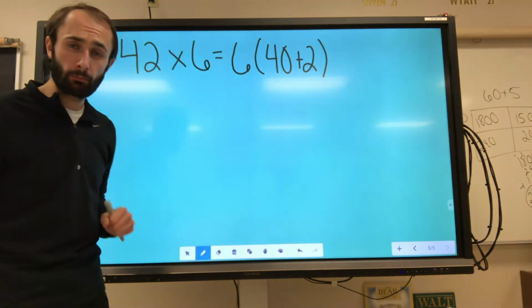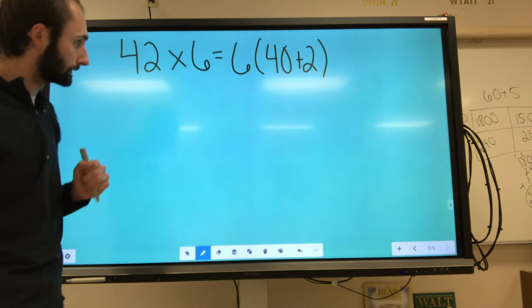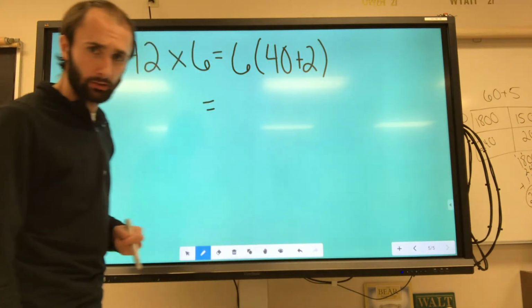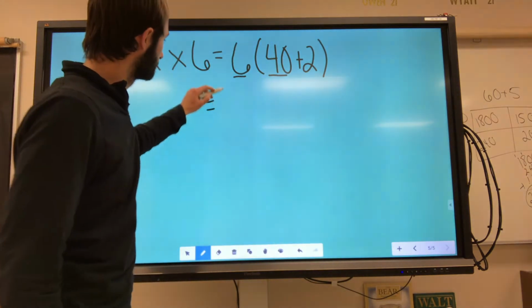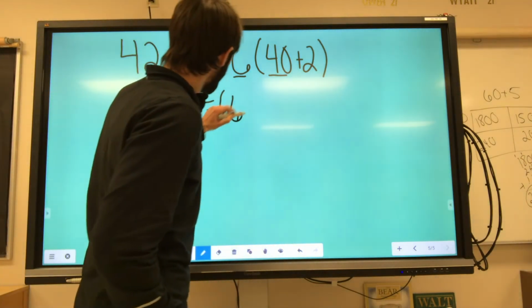Yes, this might look familiar to the box method, and this is very similar to that. Yes, you are right, my young philosophers, mathematicians. Now we have to multiply 6 times 40. Put it in a parenthesis. 6 times 40.